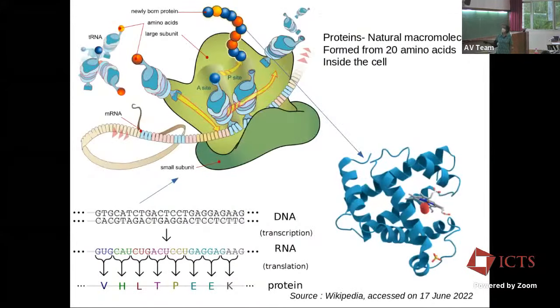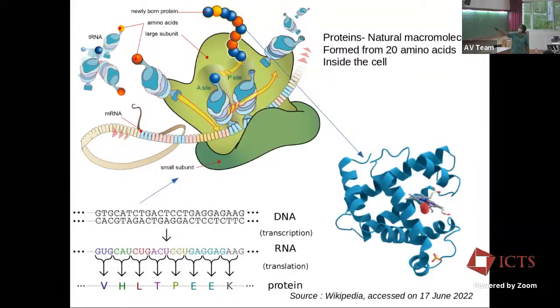So this is the formation of protein, and how complex it is. We were talking about very simple molecules, but if you want to understand these molecules, they are much more complex. For example, a protein is a natural molecule formed from 20 amino acids, we all know that.